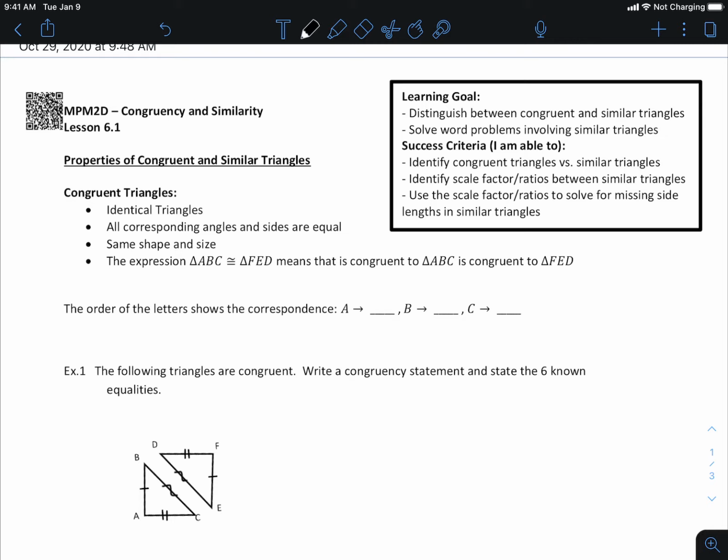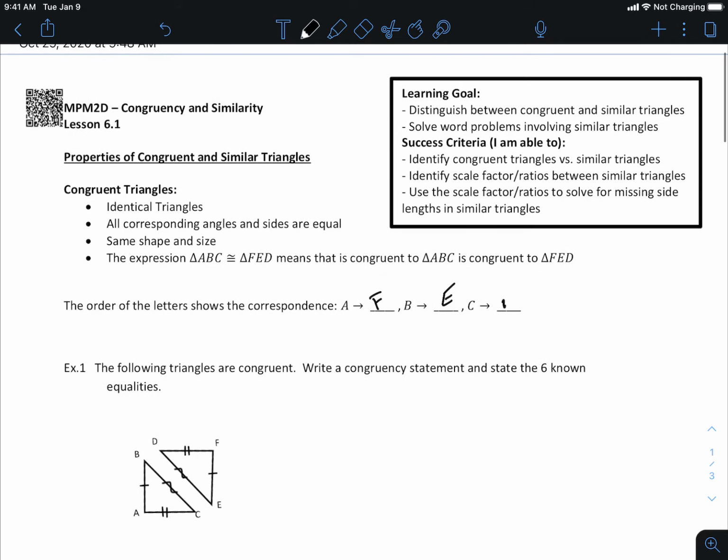So this means that A goes with F, B goes with E, and C goes with D. Did we see what I did there? You've got triangle ABC. A went with F, B went with E, C went with D. Okay, the side lines just match up, that's all.